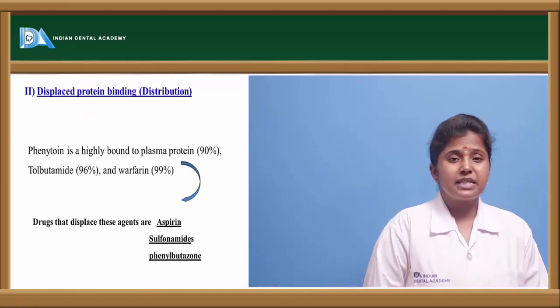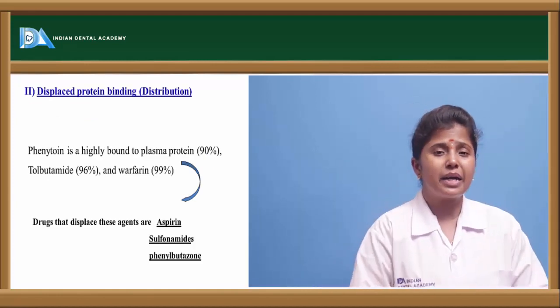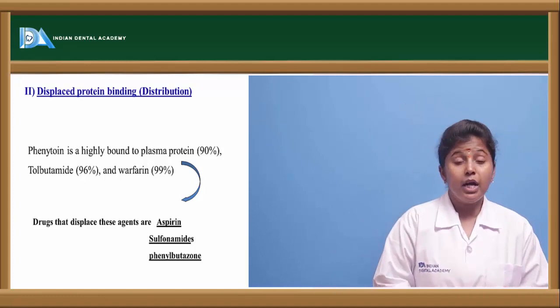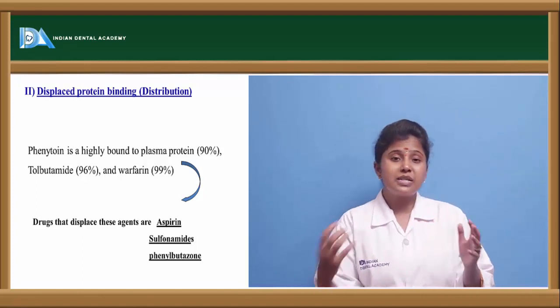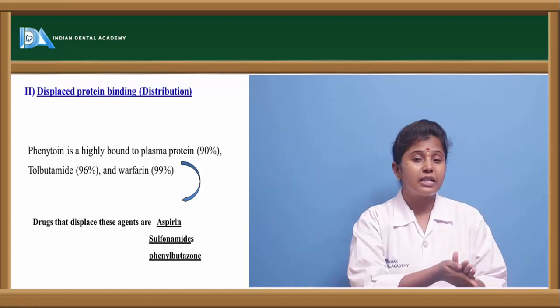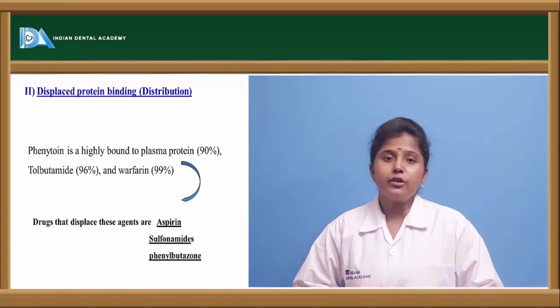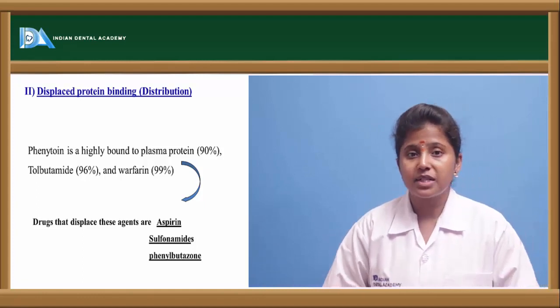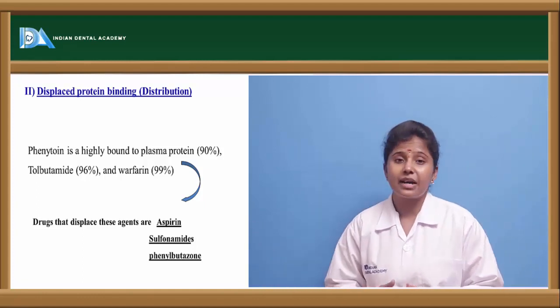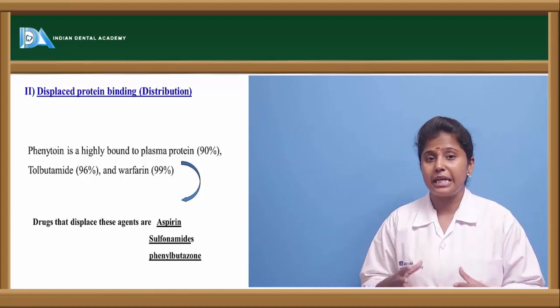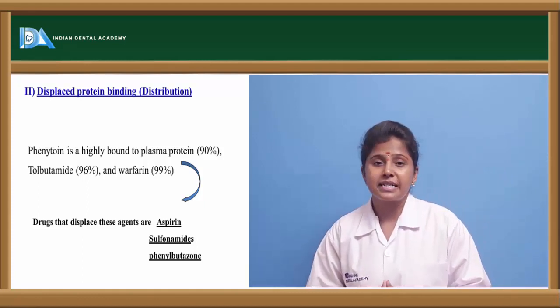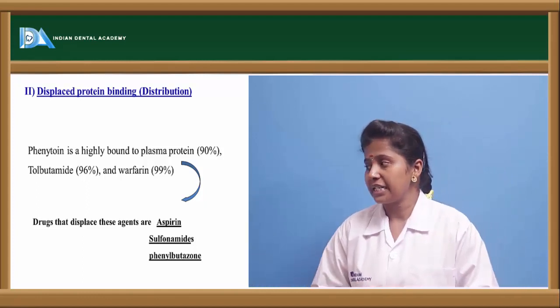The other one is displaced protein binding. A few drugs bind to the plasma proteins which are present. Here one drug will displace another, or else it takes the place of that drug and binds instead of the drug. If we take the example, phenytoin is such a drug which has 90% plasma binding capacity, tolbutamide has 96% and warfarin has 99%.